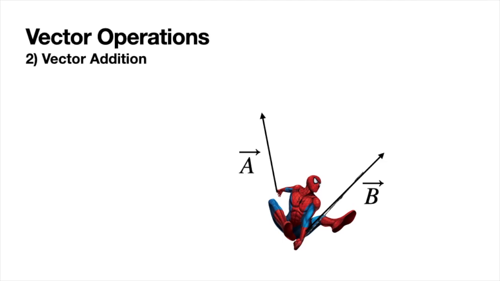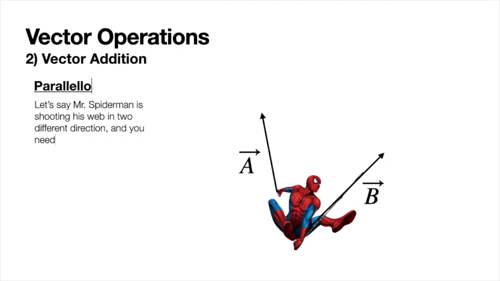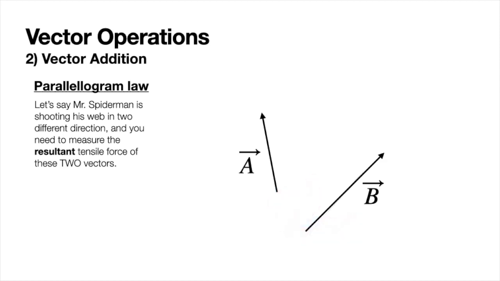So, in order to solve vector addition, you need to use either the parallelogram method or the triangle method. I am going to use the same spiderweb example in this case. Only this time around, our spider has shot out the net in 2 different directions and you need to calculate the resultant force. Let's call the force vectors A and B. If I remove the spider, this is how the vectors look like.